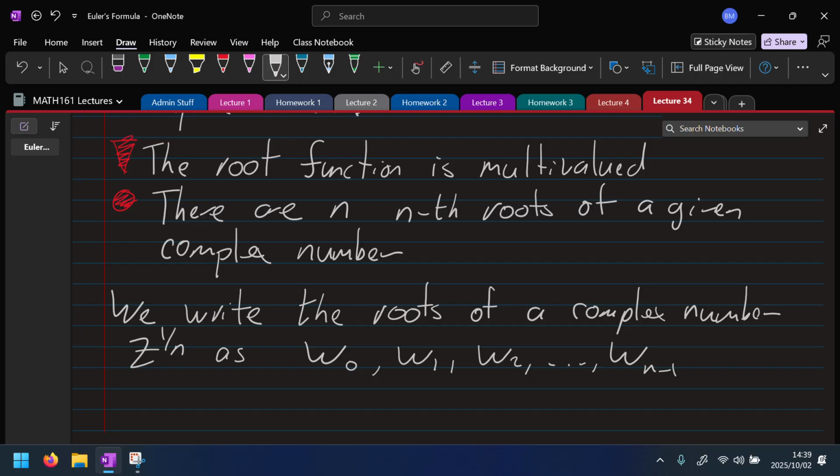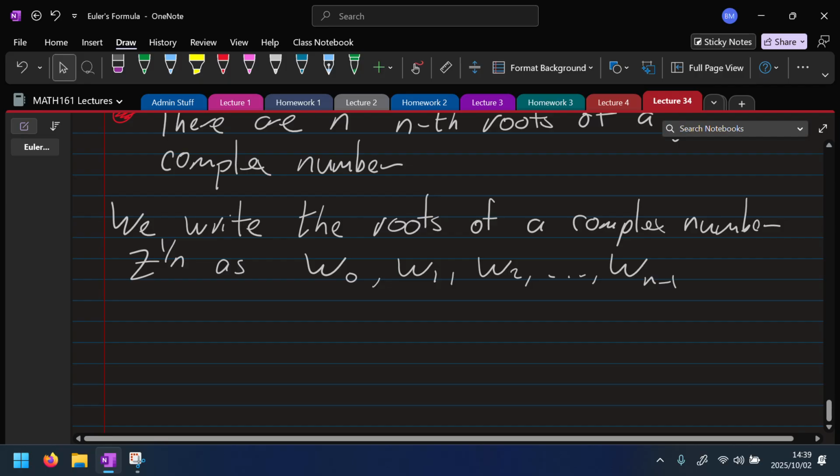Okay, so that is the notation that we'll be using. So z to the 1 over n, nth roots of z. We're going to have n answers, and we're going to label them w0, w1, w2, 3, up to wn minus 1. So starting from 0, we have n of them.